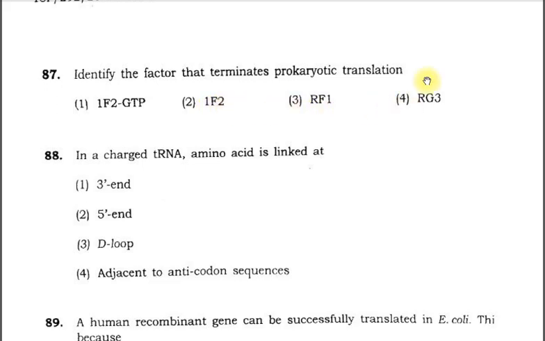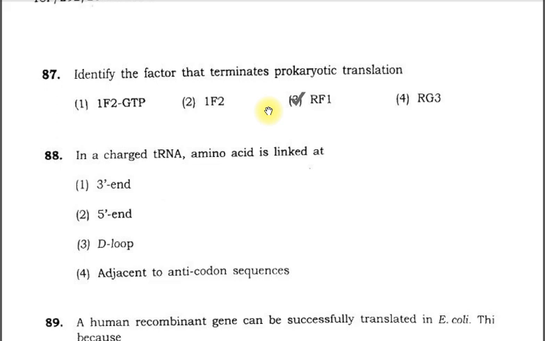Option number 4 is RF3. The correct answer is option number 3, RF1. In prokaryotes, there are two factors, RF1 and RF2, while in the eukaryotes, for the termination of translation, there is a single factor called eRF1.